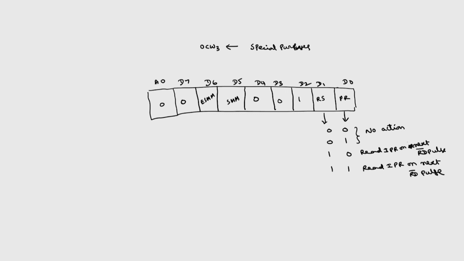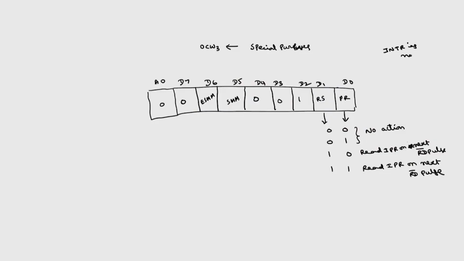So basically in this OCW3 the INTR is disabled. INTR will not be used. During the read bar cycle only, the interrupt process takes place. So in normal operation, the IR0, IR1 and so on up to IR7, if any request comes on these, the IR with the highest priority will be serviced through INTR.